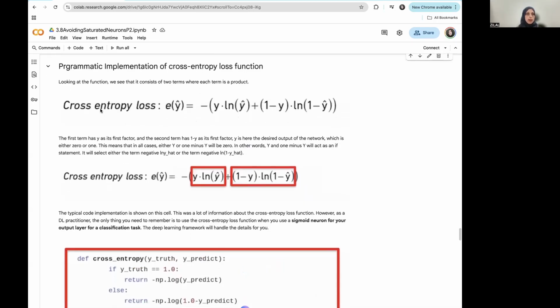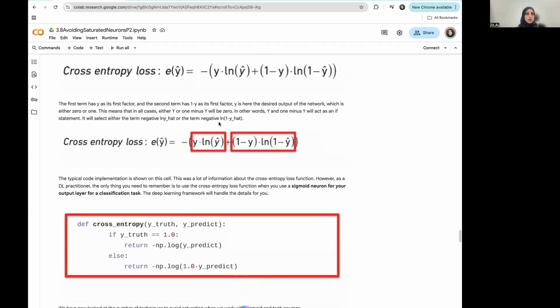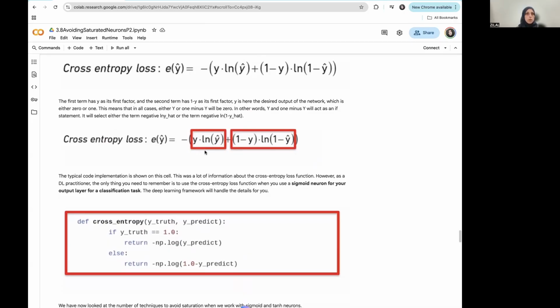Looking at the function, we see that it consists of two terms. The first term has y as the factor, and the second term has 1 minus y as its first factor. y is the desired output of the network, which is either 0 or 1. This means that in all cases, either y or 1 minus y will be 0.